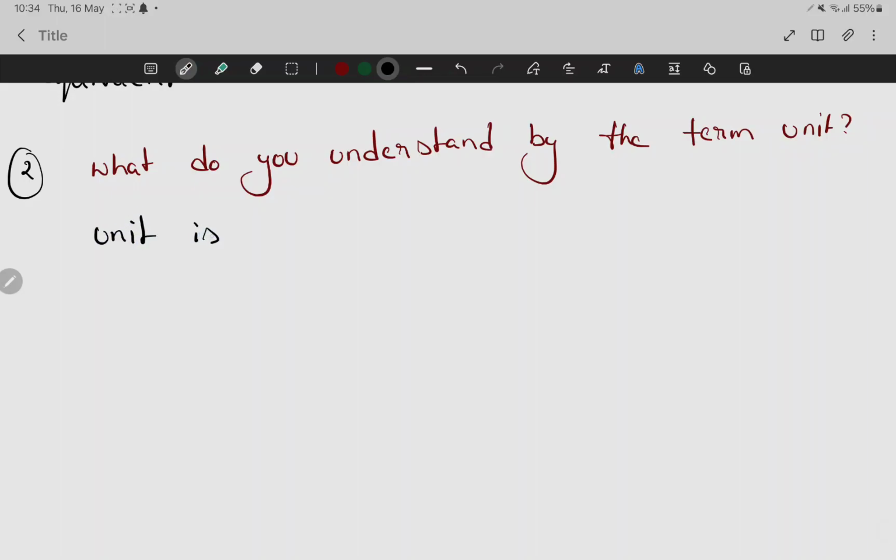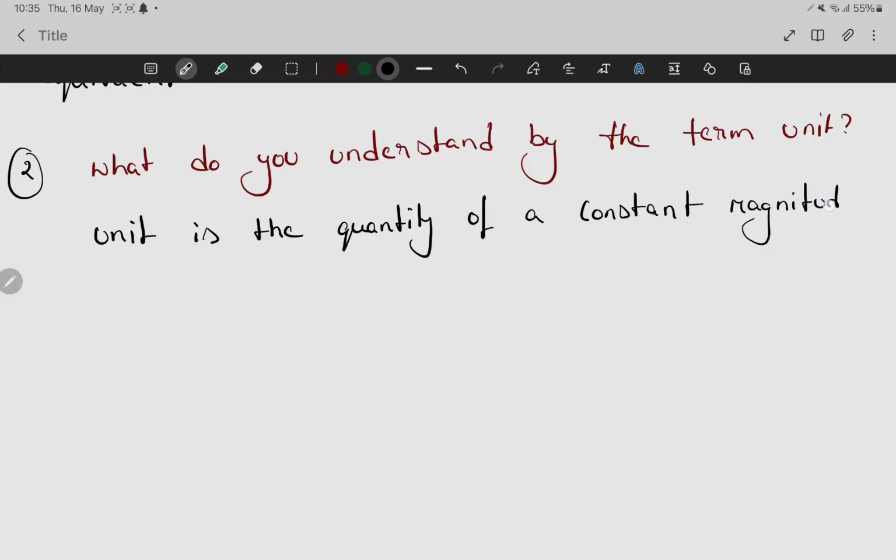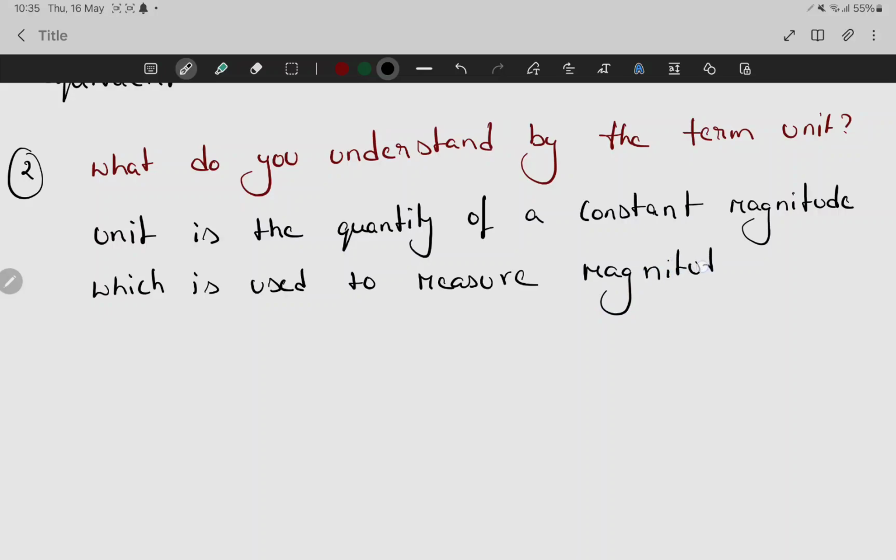So unit is the quantity of a constant magnitude which is used to measure the magnitude of other quantities.